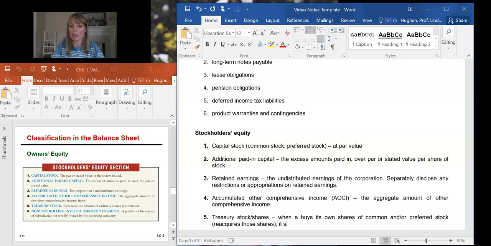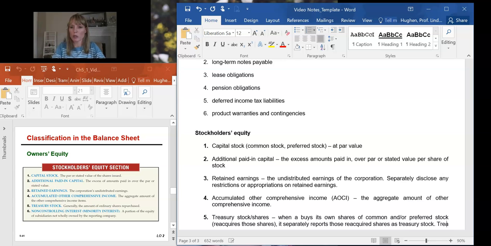It doesn't just reduce common stock. So the common stock account, let's say if the company's buying its own shares of common stock back, it doesn't just reduce the common stock account, it separately tracks those reacquired shares. As an account called treasury stock.